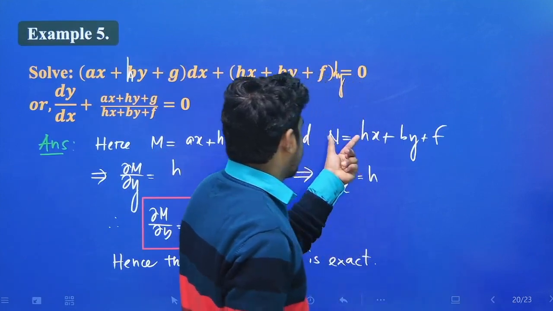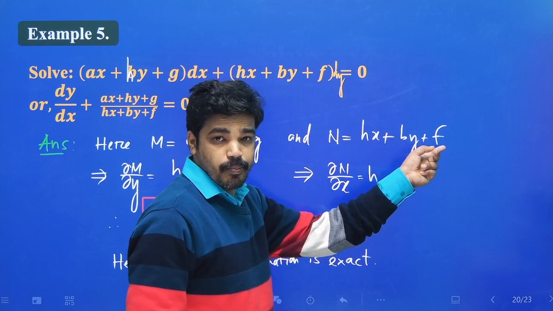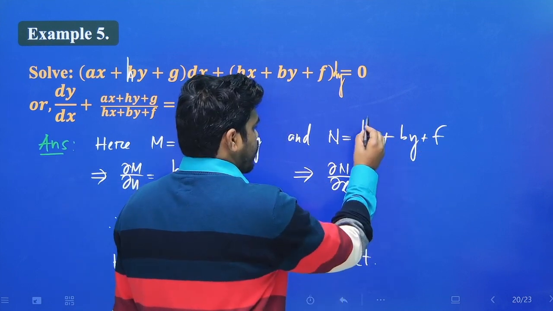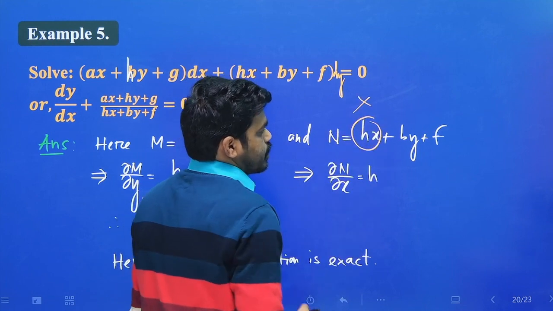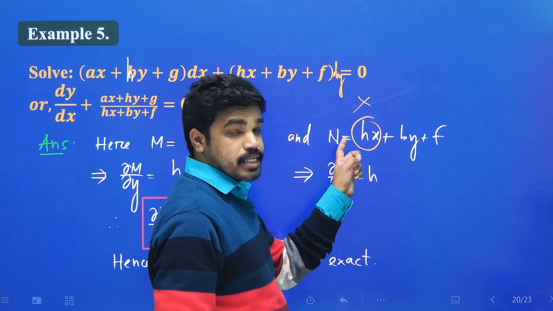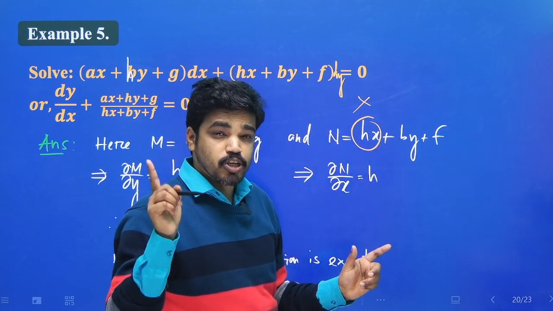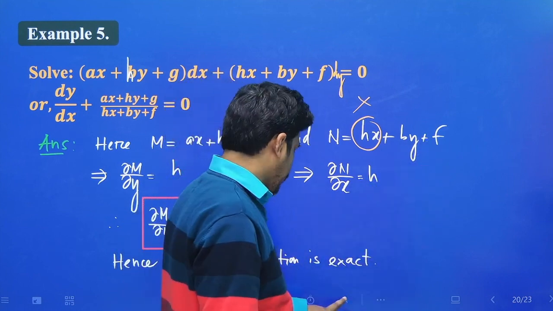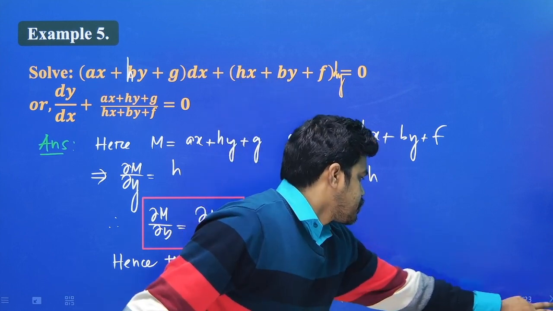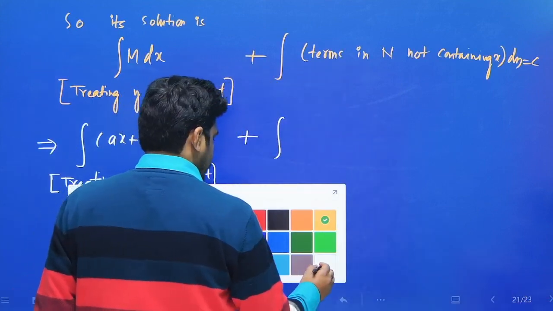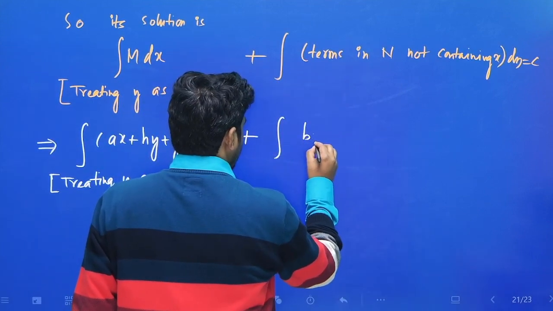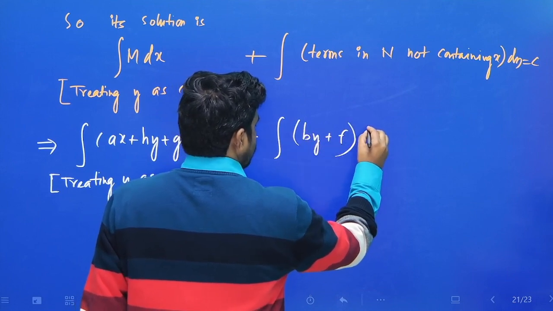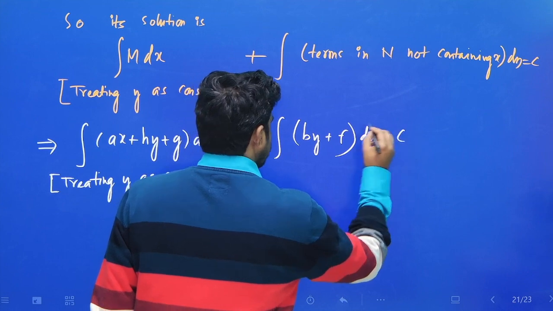N here is hx + by + f. Look, here x is present, so we cannot write it. The terms in N which do not contain x must be written. So by + f, into dy is equal to c.